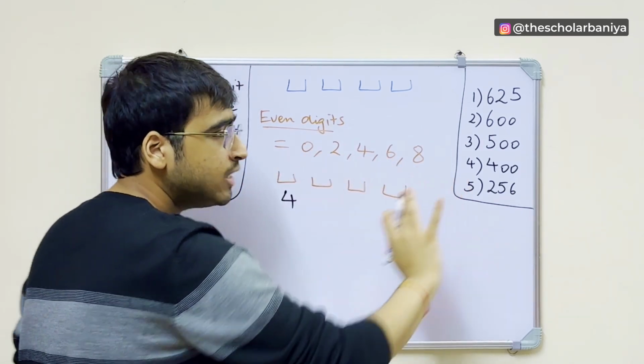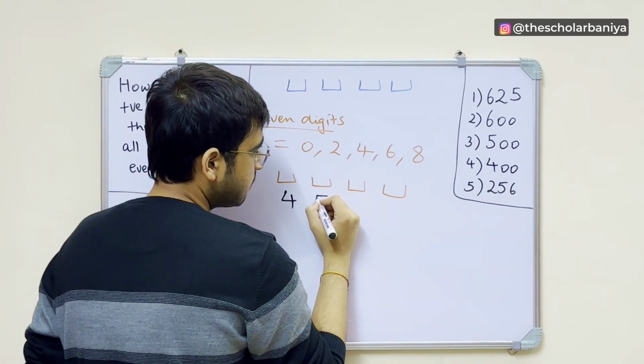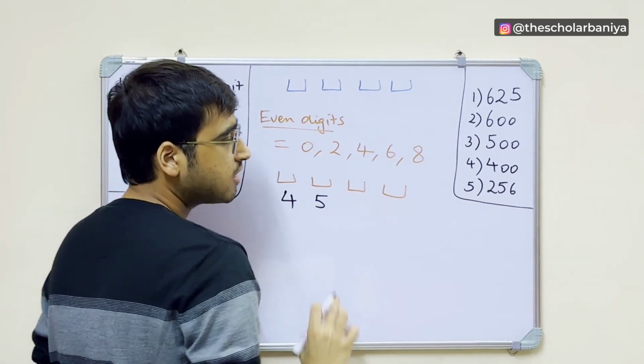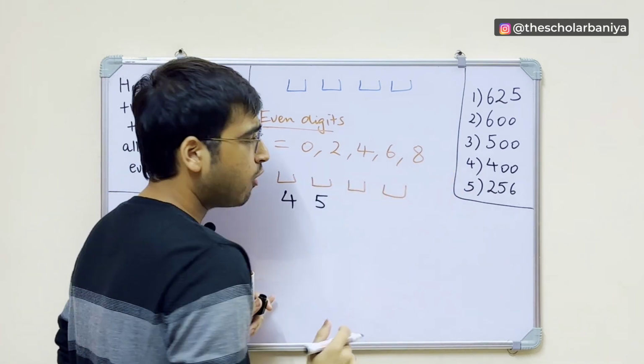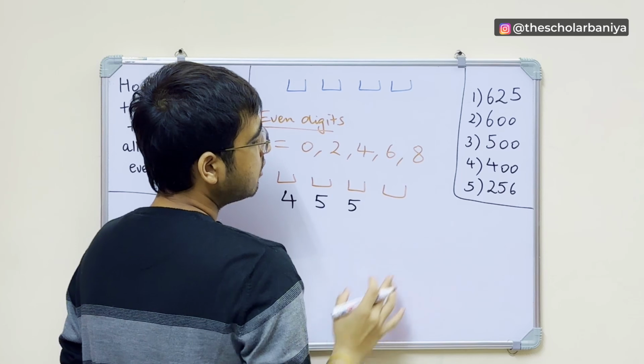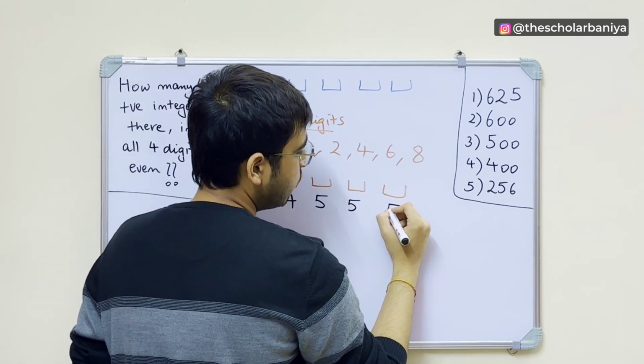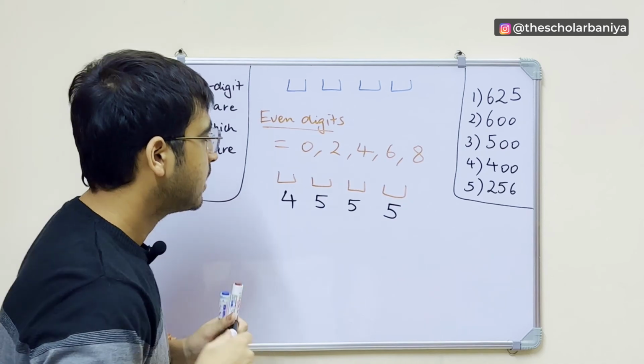I can put any of these 5 digits, so there are 5 possible options. Similarly, in the third place, I can put any of these 5 options. And similarly, in the fourth place, I can put any of these 5 options. So 5 over here is the answer.